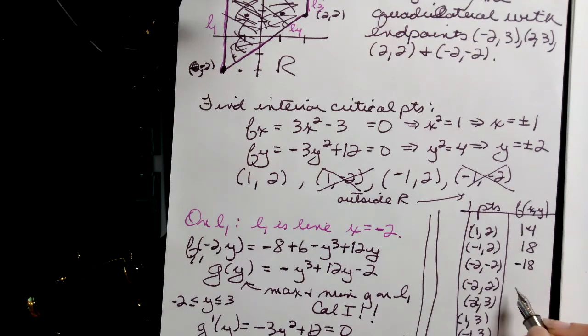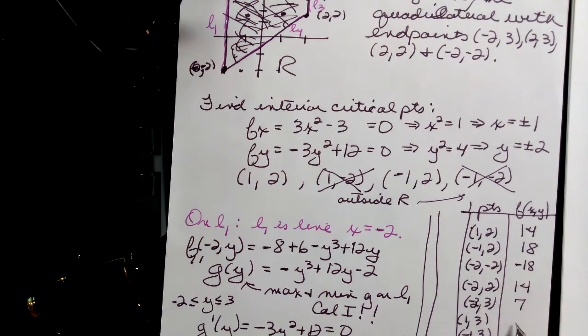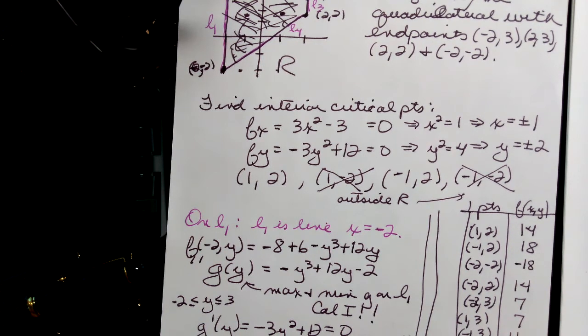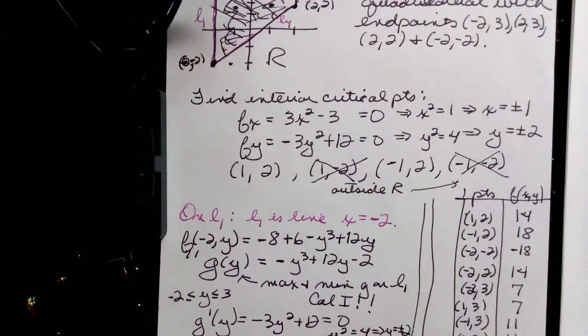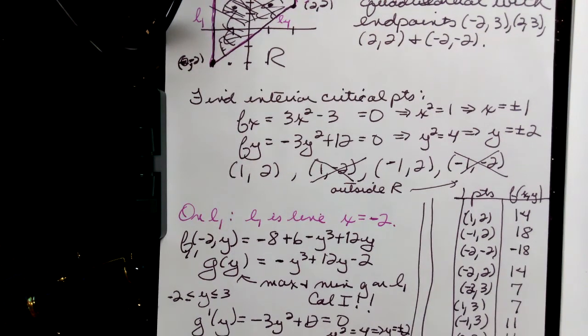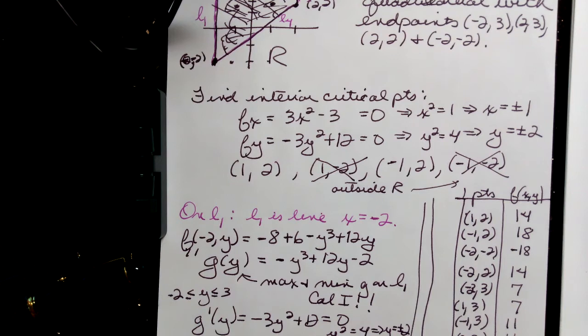Okay, so you can plug in different ways. You will get minus 18, 14 for this one, 7 here, 7 there. You can go back and check these. It's just routine arithmetic, 11. And then you get minus 14 and 18.